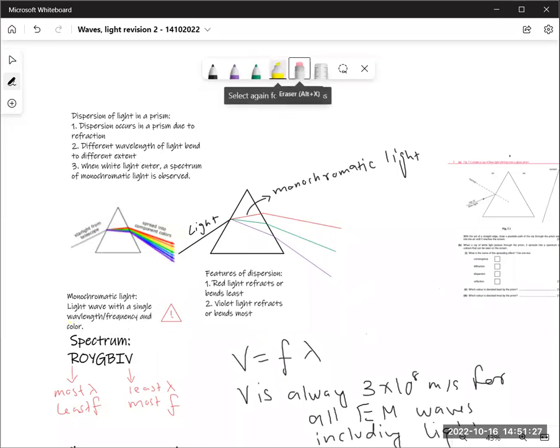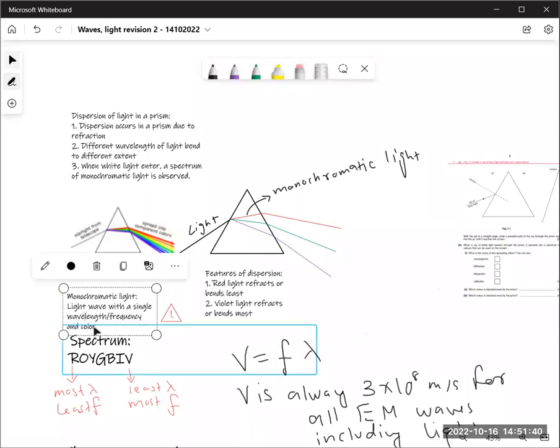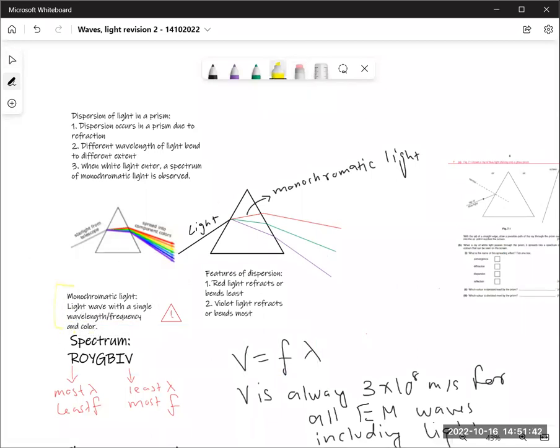Now look at this word over here, Anas. Read this definition out loud. Monochromatic light: light wave with a single wavelength, frequency, and color.